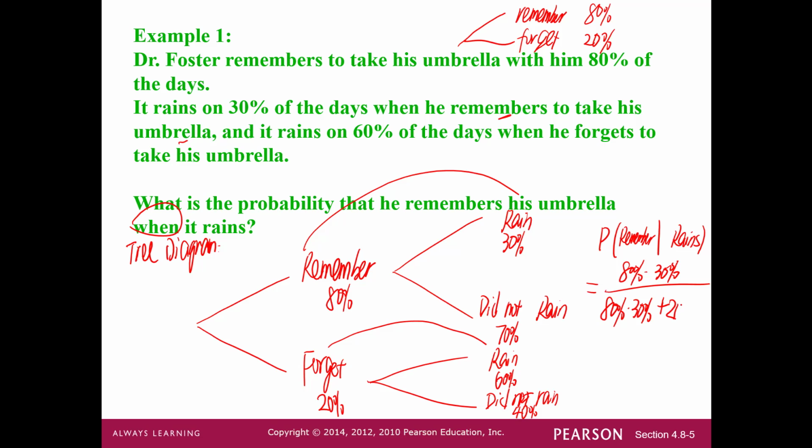So 20% times 60%. So that is 0.8 times 0.3 over 0.8 times 0.3 plus 0.2 times 0.6. So this is 0.24 over 0.24 plus 0.12, which is 0.36. Simplify it to one third.